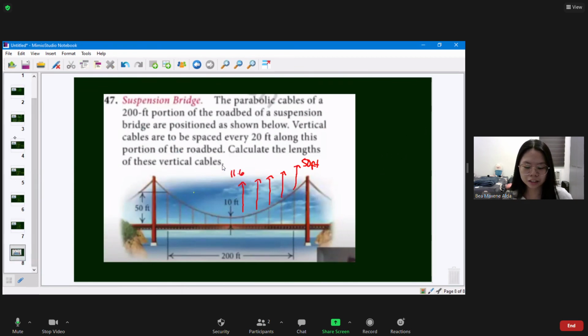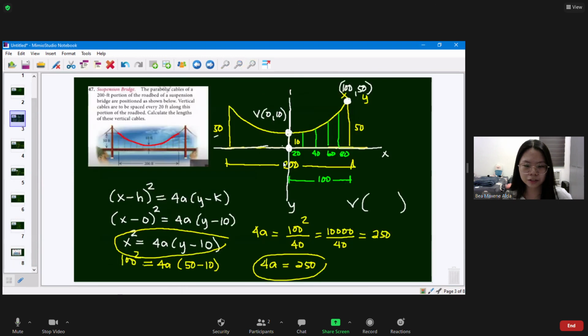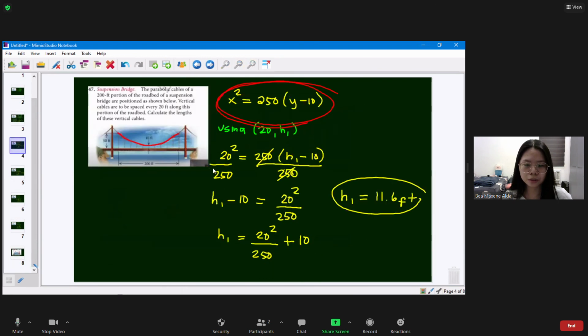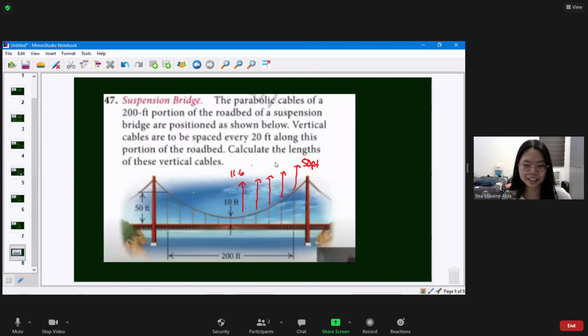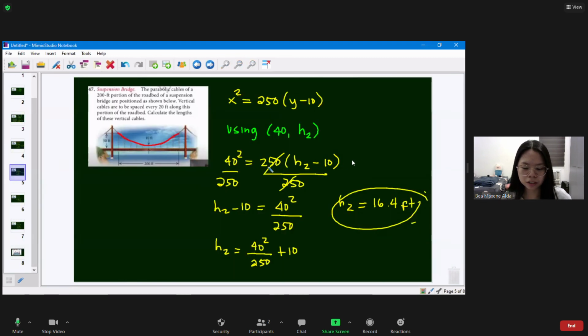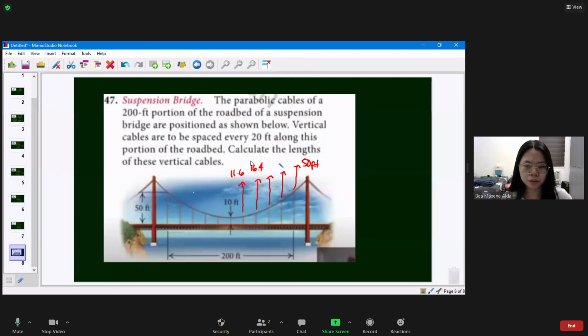So, ang answers natin lahat, final answers are 11.6 feet and then 16.4 feet. Yan, lagay natin dyan. And then yung pangatlo is 24.4 feet. Yes.